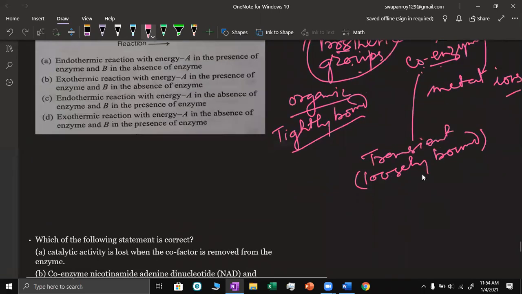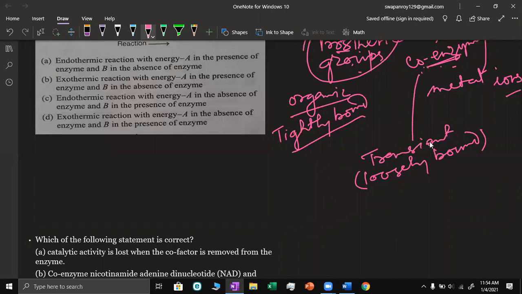Transient means temporary, for short living, and binds only when the catalytic activity is going on, which means the reaction is taking place. After that, this portion will come out from the enzymes.